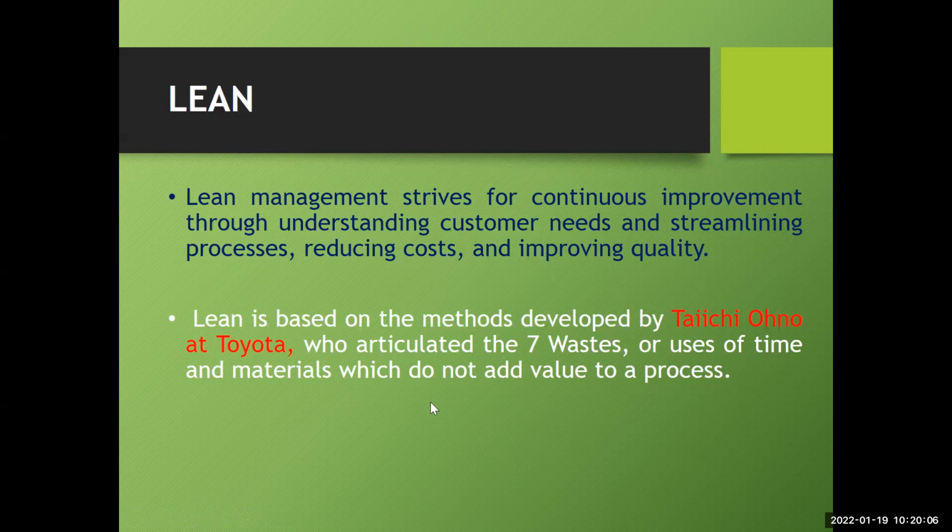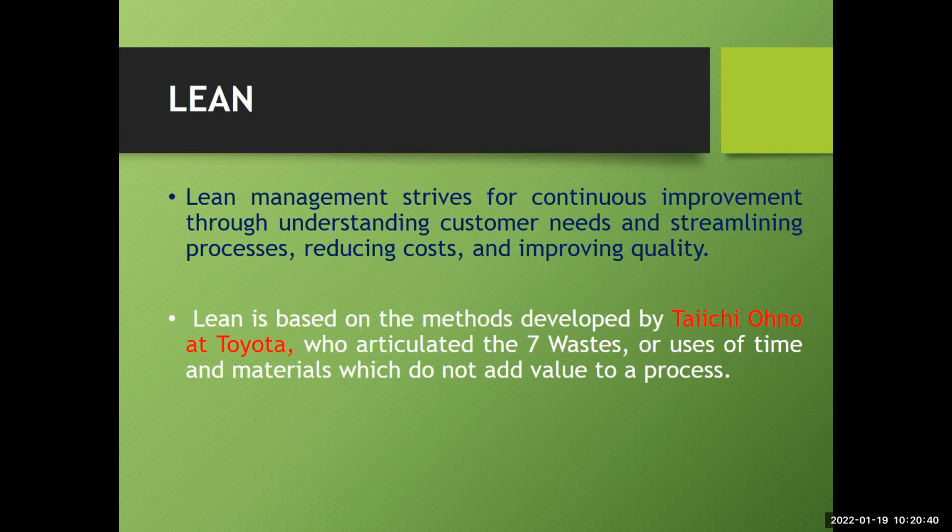The main motive of lean manufacturing is that lean management strives for continuous improvement through understanding customer needs and streamlining processes, reducing cost, improving quality, and thereby imparting sustainability into your business. It was originally developed in the Toyota factory by their CEO Taiichi Ohno, and those concepts were further converted into lean.